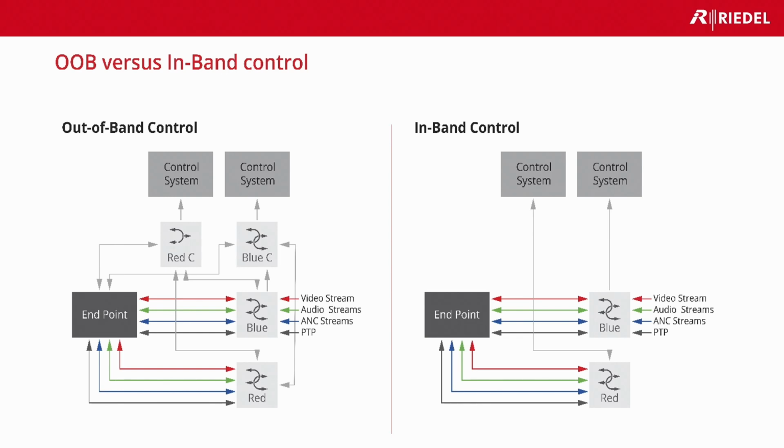So on the out-of-band, you will have other switches, let's say a red and a blue for your control. And then you increase the cost of your system, because you will need those switches everywhere. So more and more people move to in-band, but there's also out-of-band that people still use today.